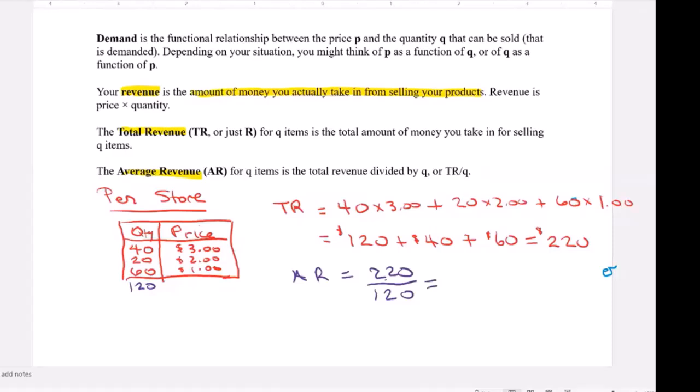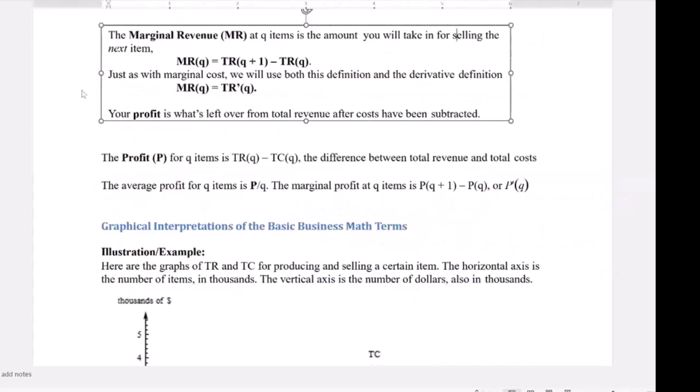So my average revenue is $1.83. The marginal revenue, abbreviated MR, at Q items is the amount I will take in for selling one more item.